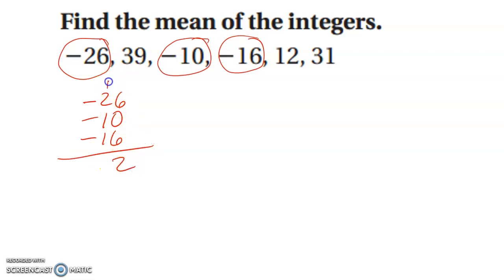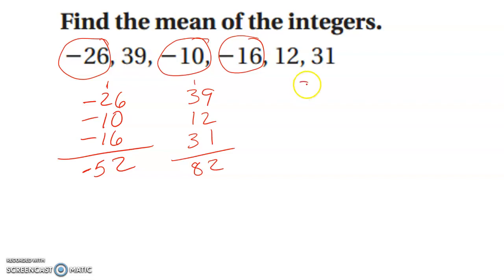That's going to give me 2, 3, 4, 5, -52. Then I'm going to add up all the positives. So 39, 12, 31. So that's going to give me 12, 80, so 82. Now we got to combine those.